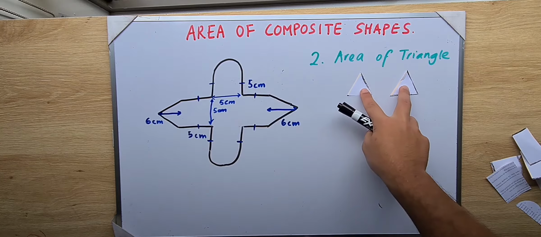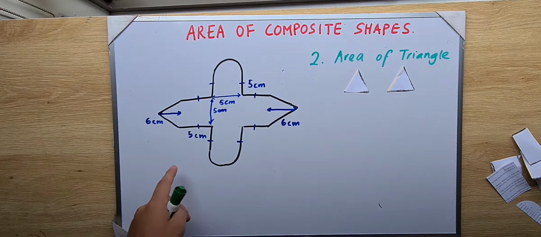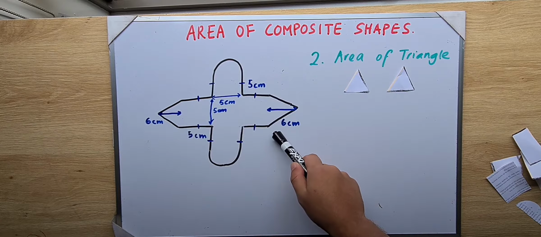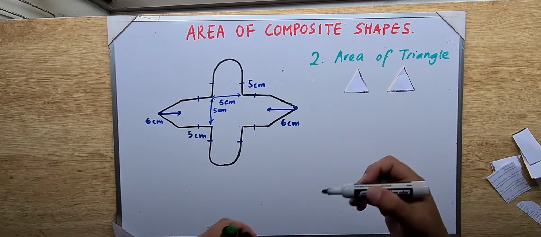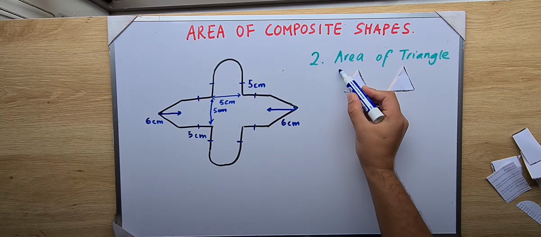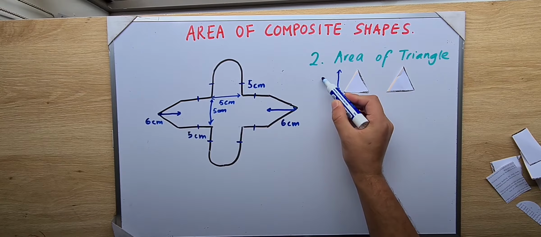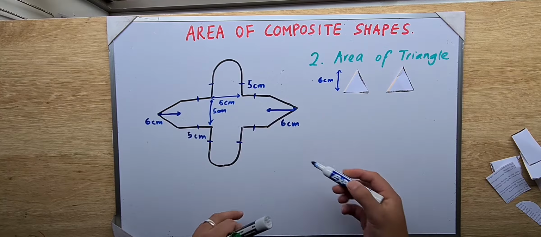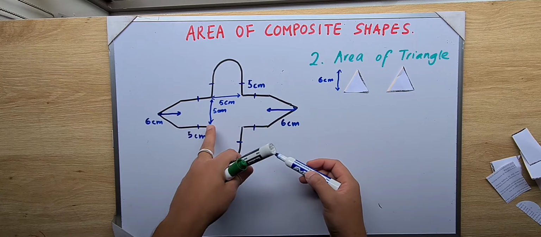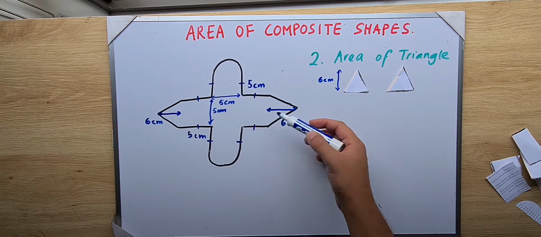So I've got my 2 triangles here. I'm going to try and calculate them. Now I know my height of the triangle is 6 centimeters as given in the shape. But what is my base? Well, my base is 5 centimeters, right? So from there to there is 5 centimeters.